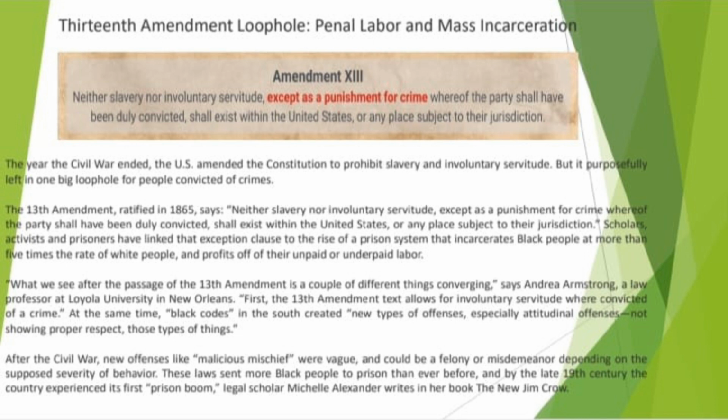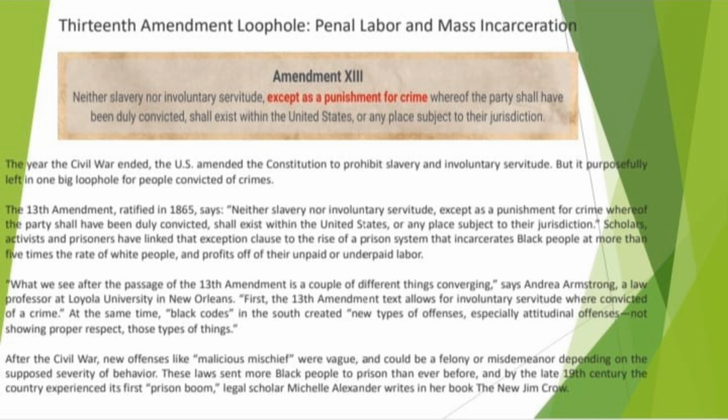First, the 13th Amendment text allows for involuntary servitude where convicted of a crime. At the same time, courts in the South created new types of offenses, especially attitudinal offenses, like not showing proper respect. After the Civil War, new offenses like malicious mischief were vague and could be a felony or misdemeanor depending on the supposed severity of behavior.